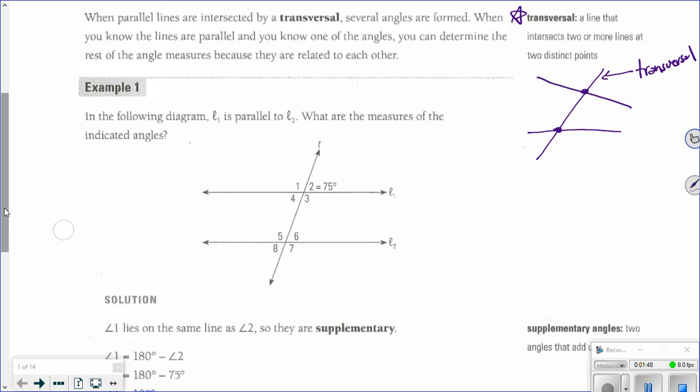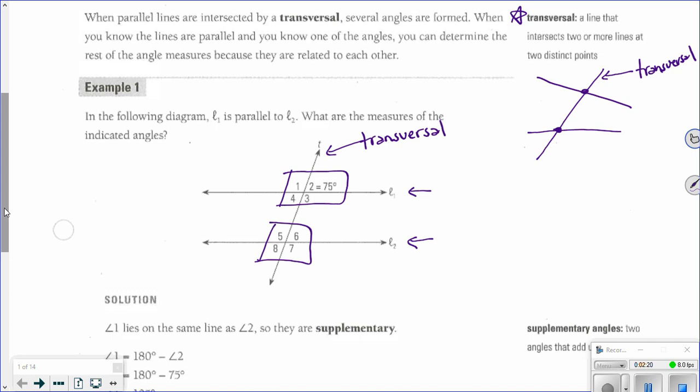So we have two lines, L1, L2, and the line that crosses both of them is our transversal. What that means is our angles up here are equal to the angles down here that are in the same position.